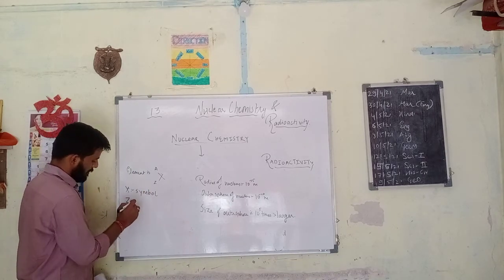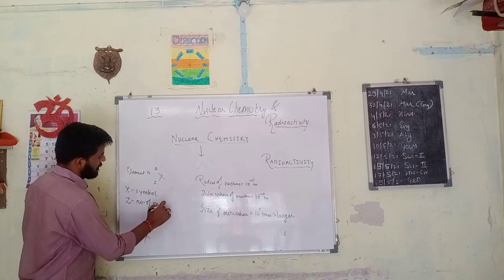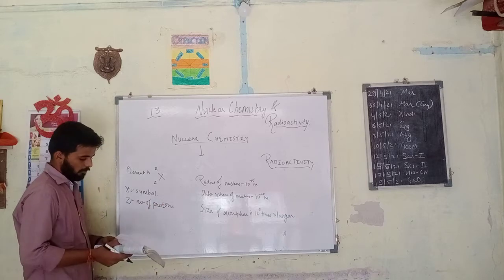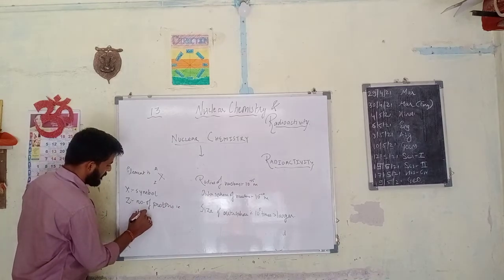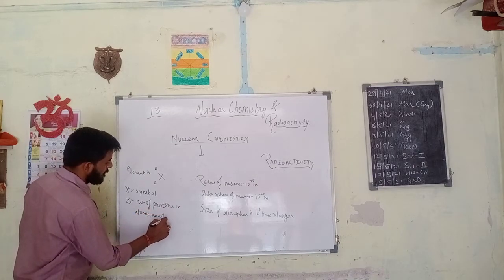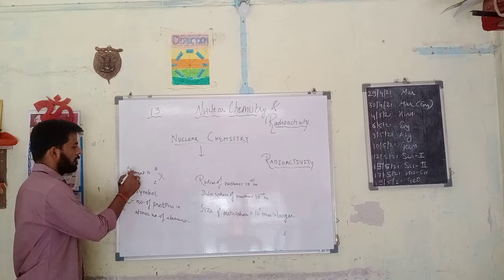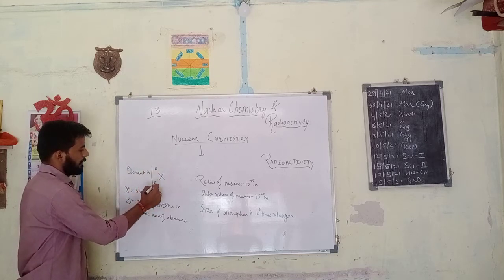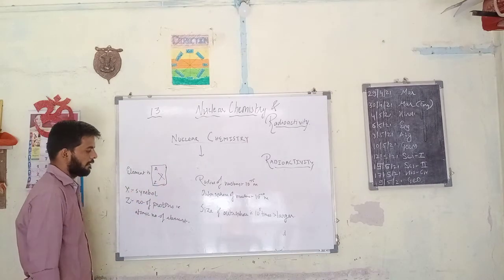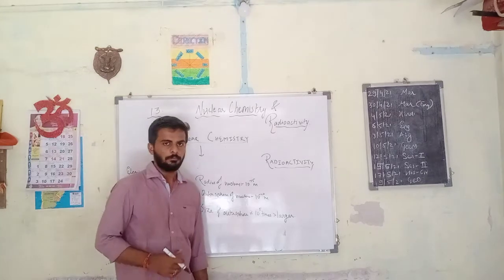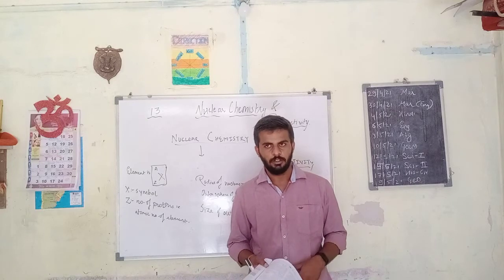Z is the number of protons, which is also called the atomic number of the element. So this is how our element is denoted with respect to protons and the atomic number. Now, atomic number, atomic mass, equations, all this we came to know.